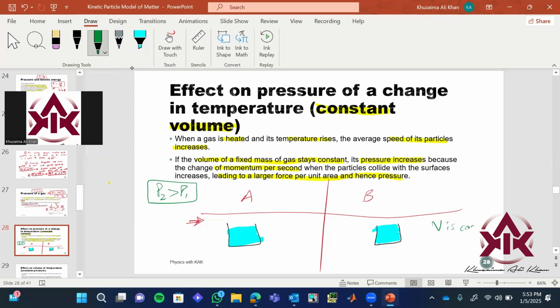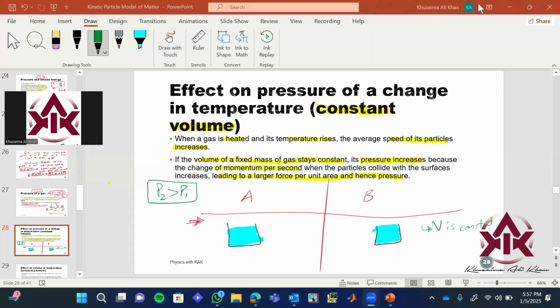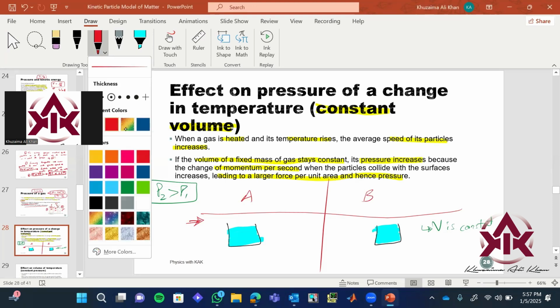The volume is constant. Okay, so now we have two containers which have constant volume, that is, the amount of liquid in the container is the same. Okay, so now what is happening?